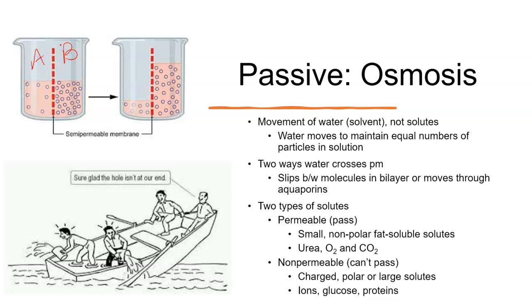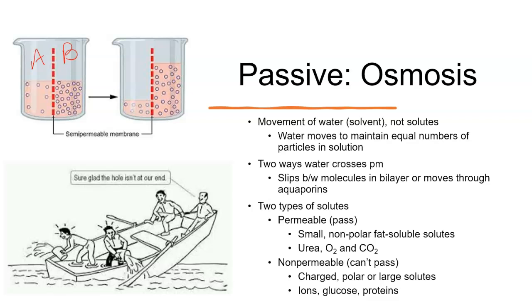A and B. Okay. So A has more water. B has more solutes. So side B is going to try to take water from side A. So I say that side B is sucking water from side A. Okay?